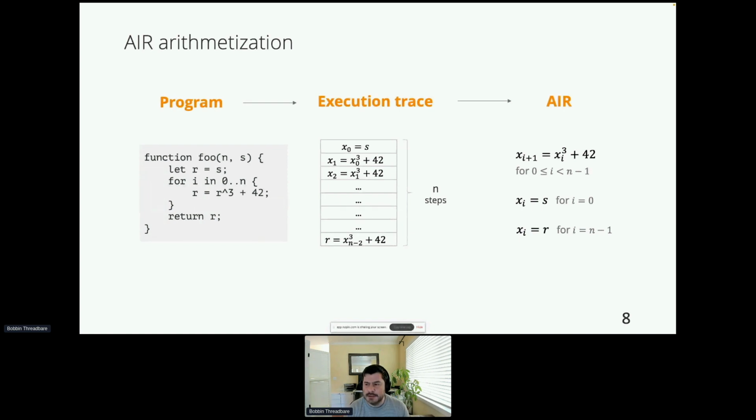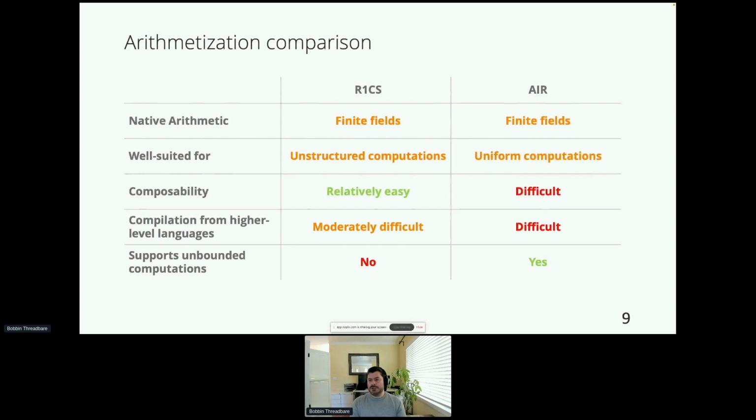All right. To compare, I mentioned R1CS that is used by many other proving systems. Just to do a quick comparison with AIR and say why it is maybe a bit more difficult to work with AIR. Both of them work over finite fields.